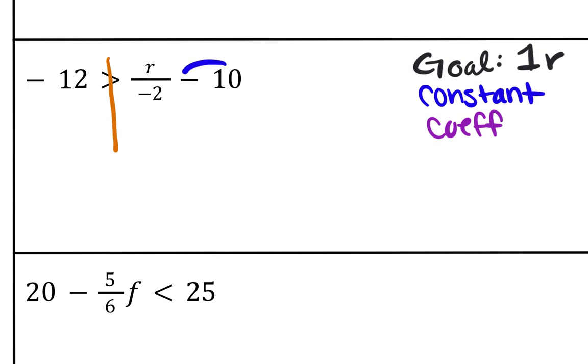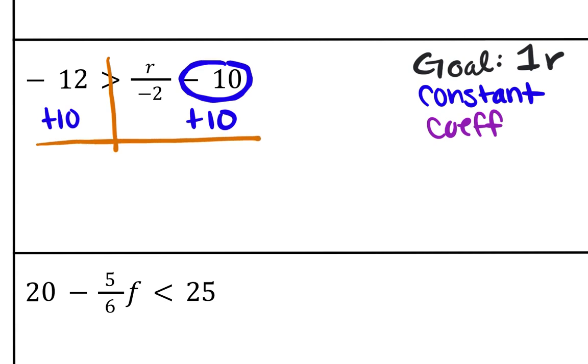Then I'm going to circle my constant, this minus 10. The inverse of subtracting 10 is adding 10, so I'm going to add 10 to this side. What I do on the side of the variable, I have to do on the other side. Then I'm going to draw a line underneath just to keep it organized.